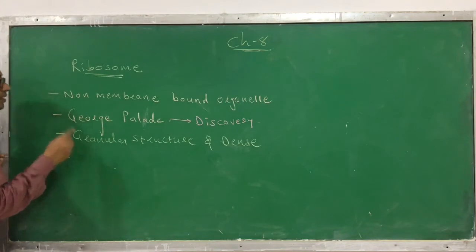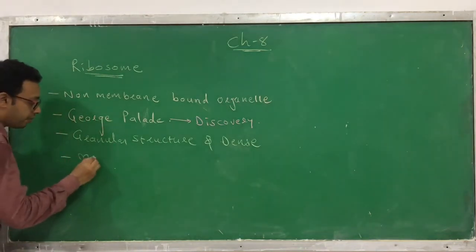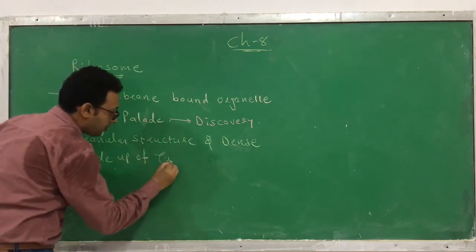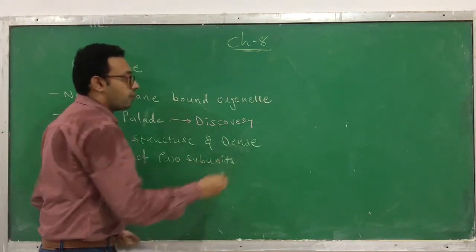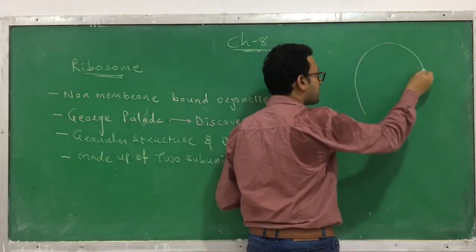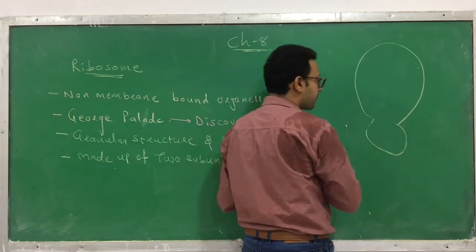Next, whether it's a eukaryotic or prokaryotic ribosome, it is made up of two subunits. One is the larger subunit, like I'm drawing, and the second one is the smaller subunit.